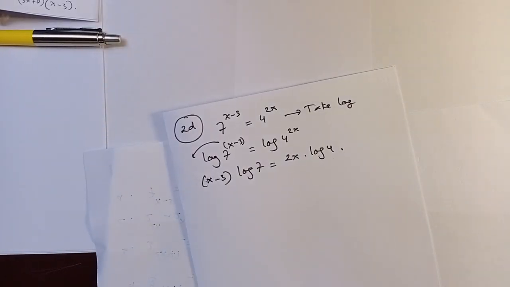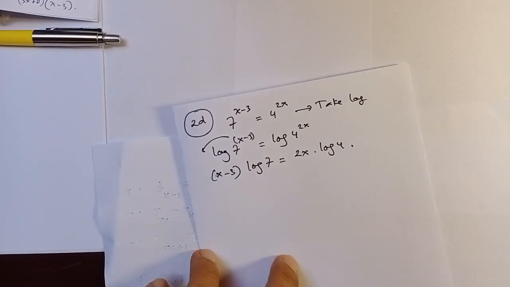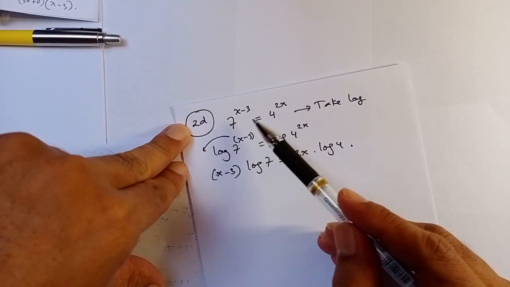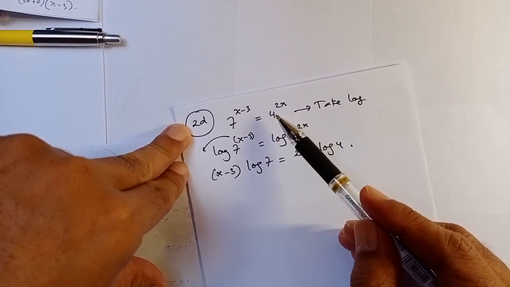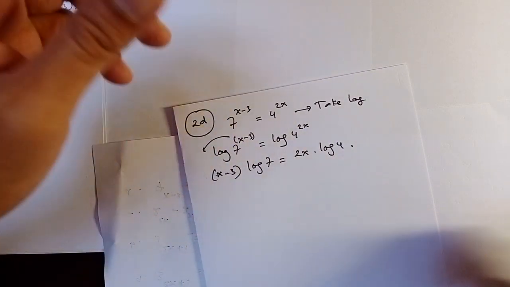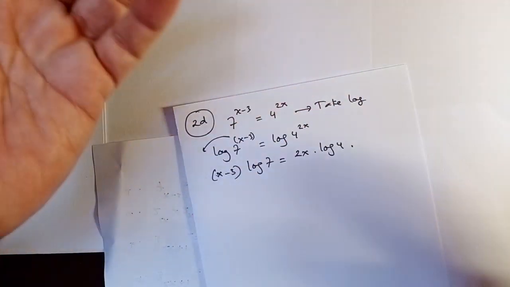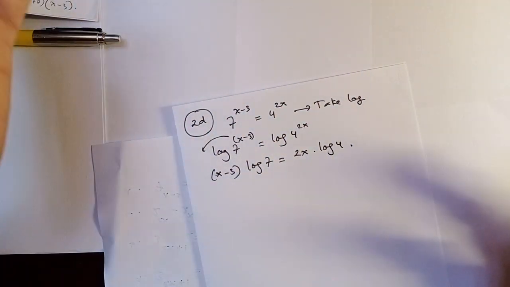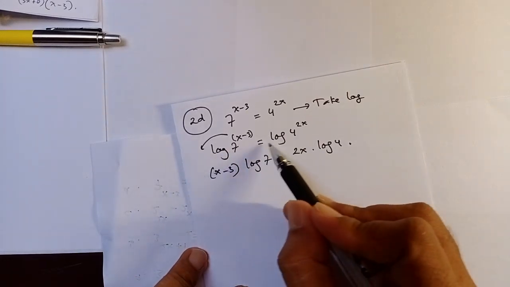Okay, the next is question number 2D. Look at the base here. The left side has base 7 and the right side has base 4. Because 7 and 4 cannot be written as the same number, you just take the logarithm to both sides.